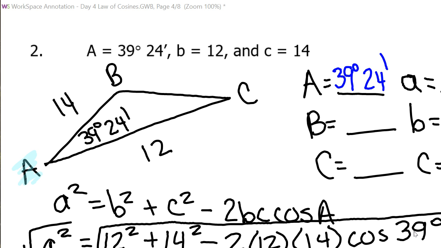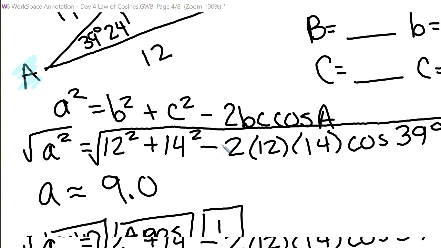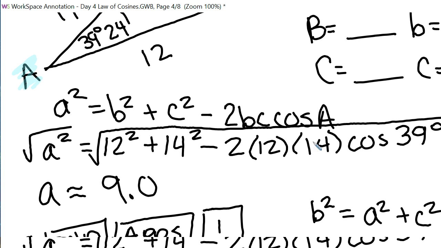So I already did the one with A squared. Which one do we want to do next, B squared or C squared? B squared. So this is B. B squared equals A squared plus C squared minus 2AC times cosine of angle B. Then fill in what we know.